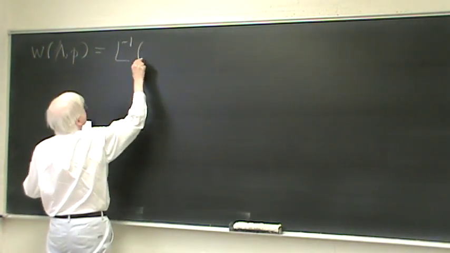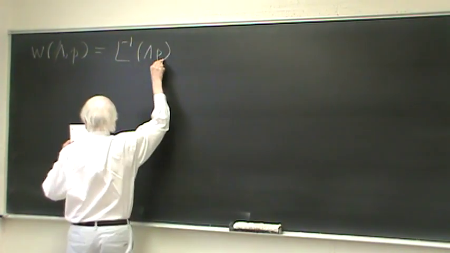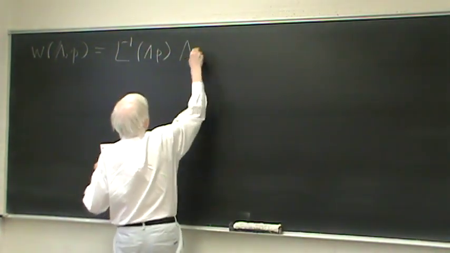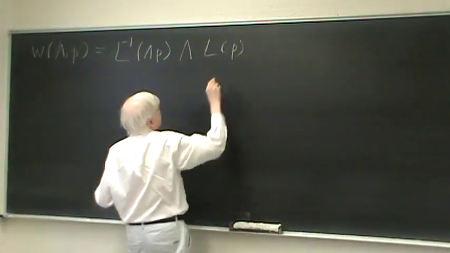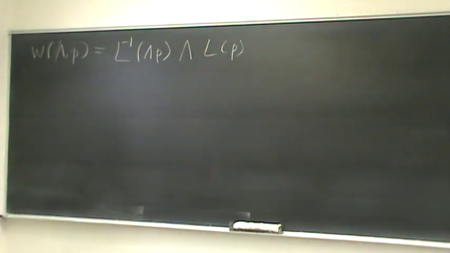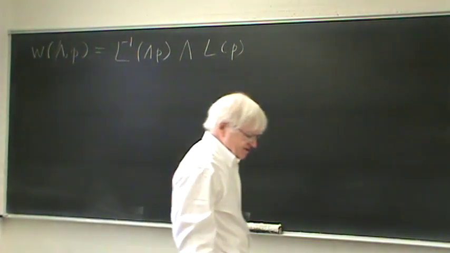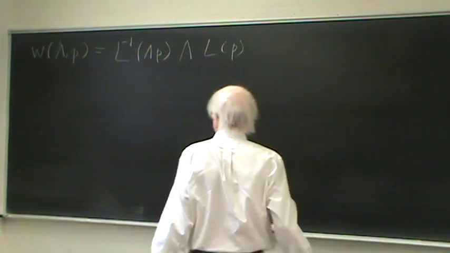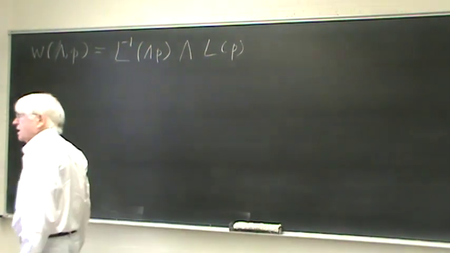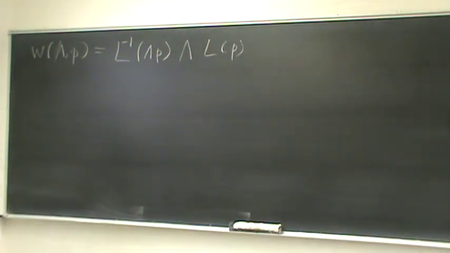L inverse of Lambda p, Lambda L of p. In general, for massive particles, this is a rotation, and for massless particles, we'll basically force it to be a rotation.